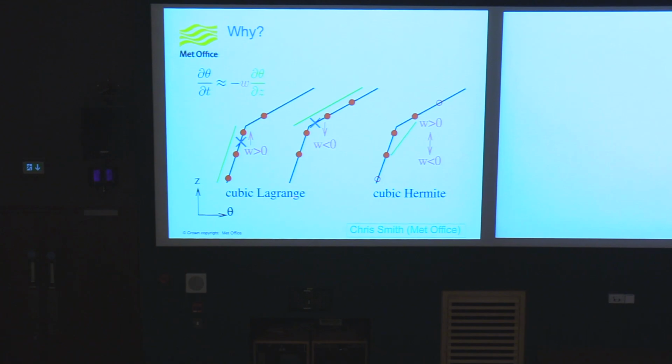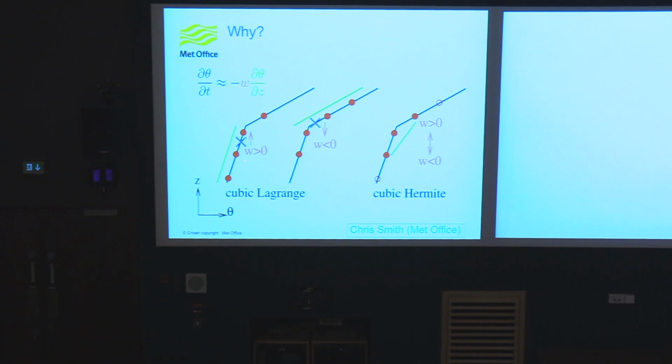And if we think about what's going on with the cubic Lagrange scheme, I should just start by saying, if we have an inversion such as we have at the tropical tropopause and we move that up and down, then after an even number of oscillations, we should get back to where we started. The potential temperature shouldn't change. What we're seeing here is that it does. We're getting this warming going on.